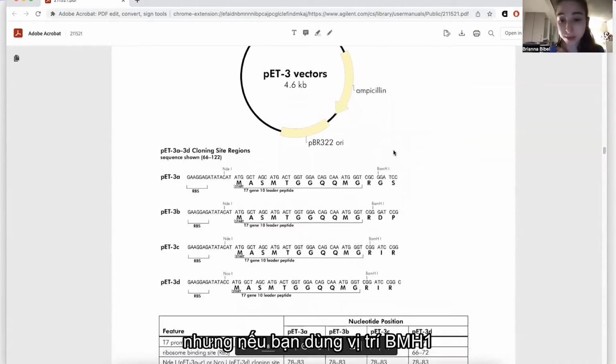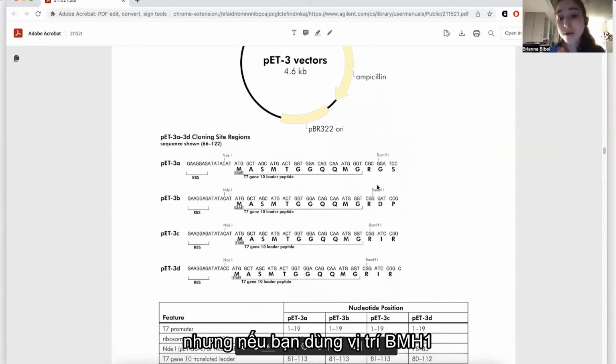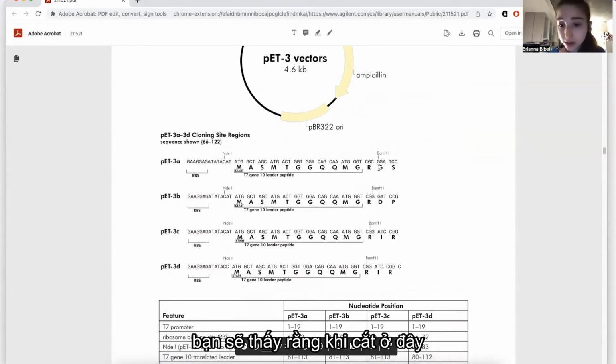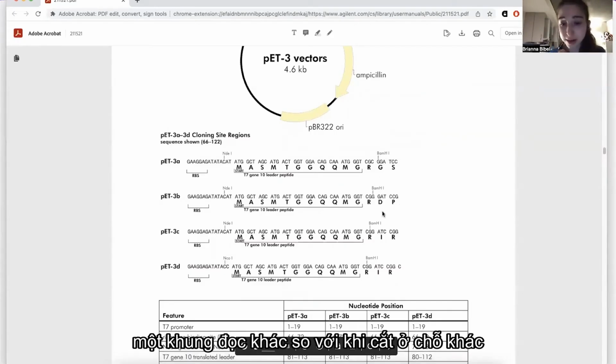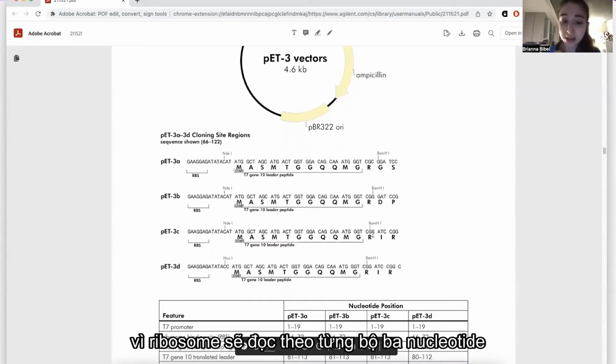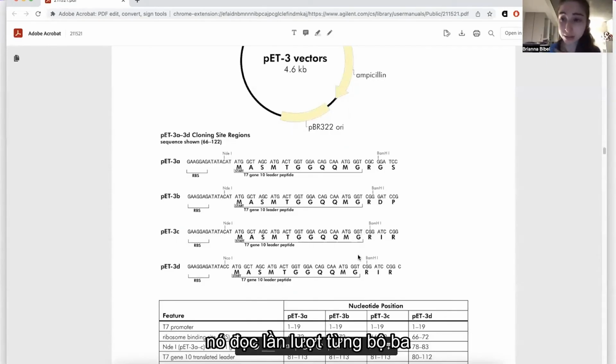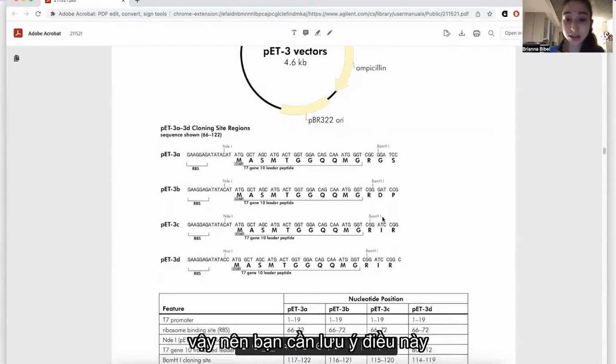But if you were to use this BamHI site, if you cut here, you're going to be in a different reading frame than if you cut here, because the ribosome is going to be reading these 3-letter words, 3, 3, 3, 3, 3. And if you change where the codon starts, then you're going to have something different. So you just need to keep this in mind.